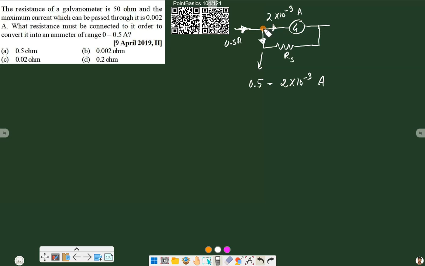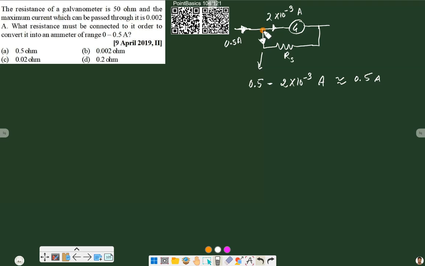So all the remaining current should pass through RS, and it will be approximately equal to 0.5, as this value is very small. So we can say current flowing through this RS is almost equal to 0.5. This is so that we can make the calculation easier. That's why we approximated it.